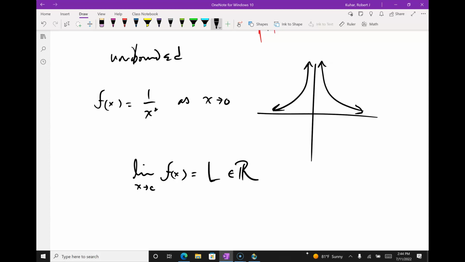In this case, right there on my paper, when I'm writing this definition, what am I saying L has to be? What's that bold R mean? A real number. It has to be a number. Infinity is not a number, right?